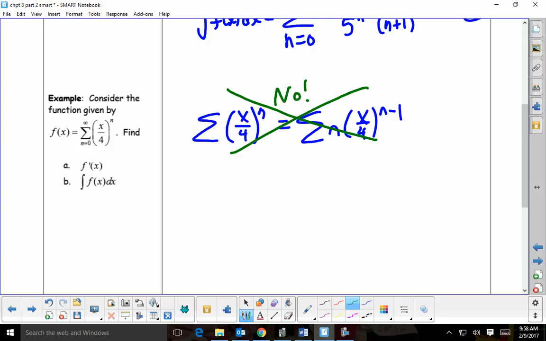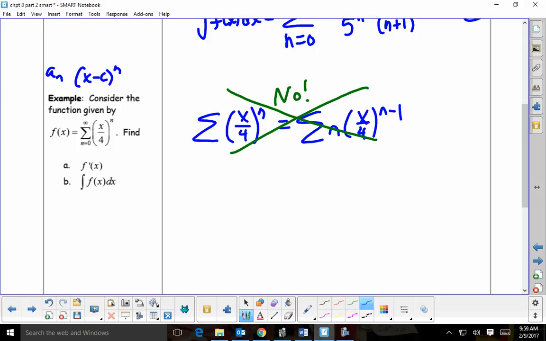Okay? So what I recommend is you think, just like before, you want to get that x minus c part with the n and get everything else for your a sub n. So you want to separate out that x minus c to the n part.